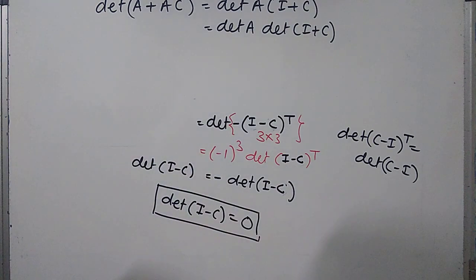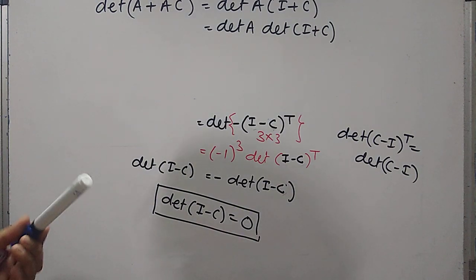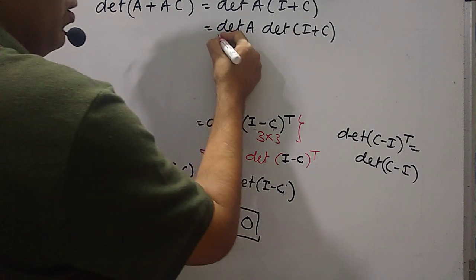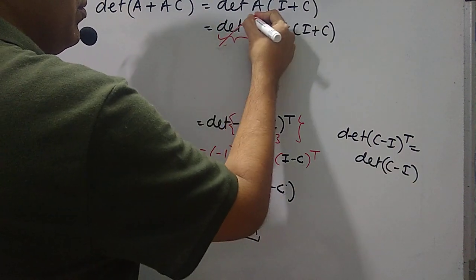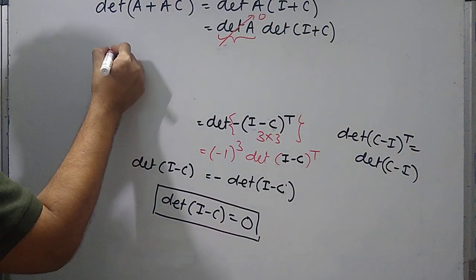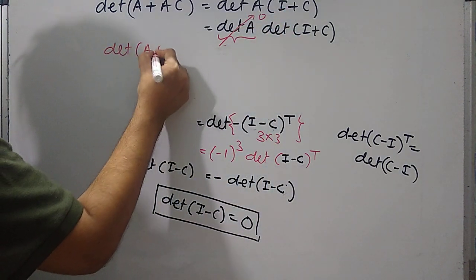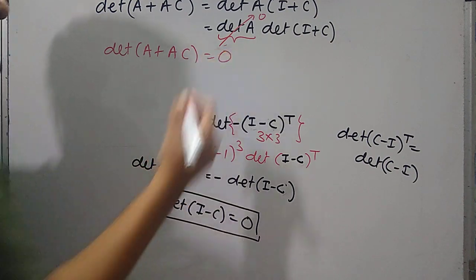Now it is given that A is a skew-symmetric matrix. If A is a skew-symmetric matrix of odd order, this will be 0. So we get determinant of A plus AC equal to 0.